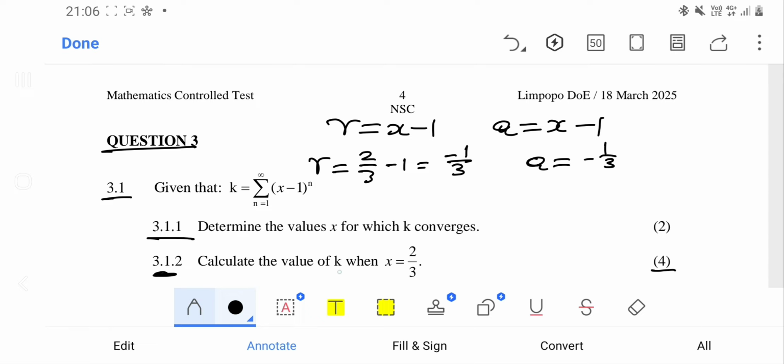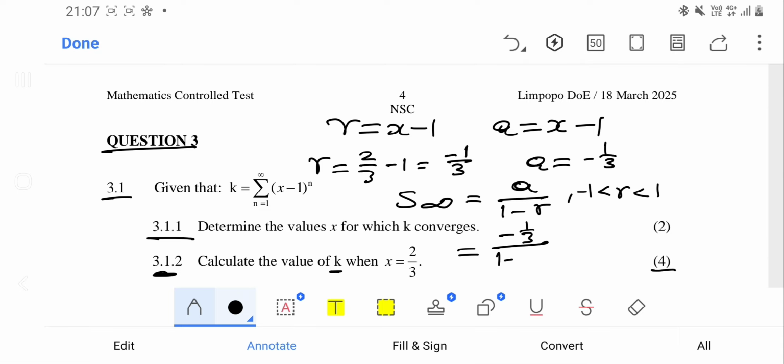So we calculate the value of k, which is the sum to infinity. The sum to infinity is equal to the first term divided by 1 minus the common ratio, where r is between -1 and 1, right? So we have -1 divided by 3, divided by 1 minus -1 divided by 3. So this is the same as what?